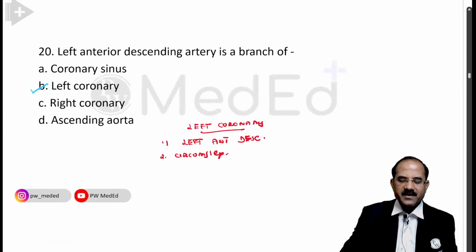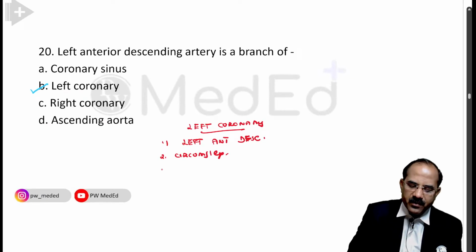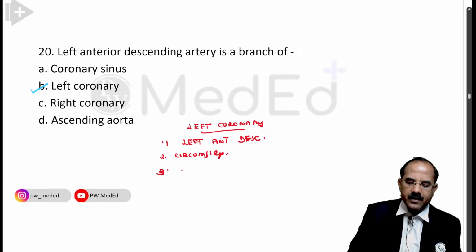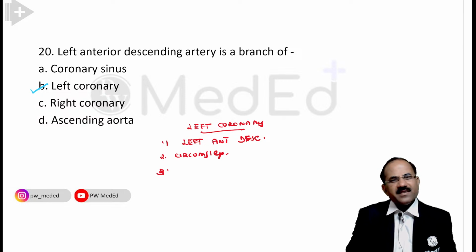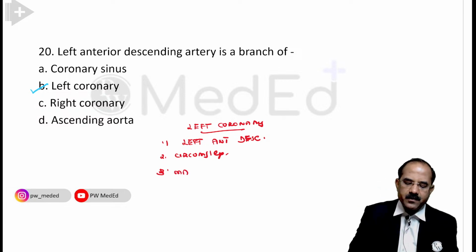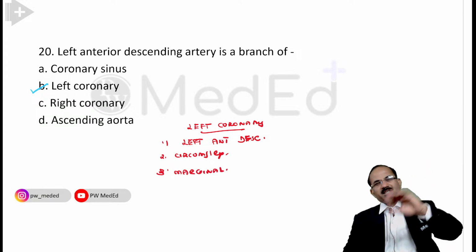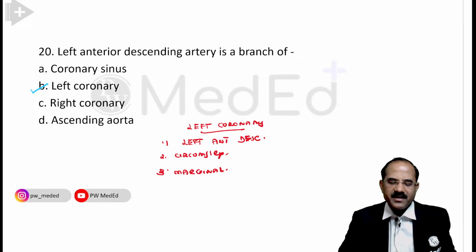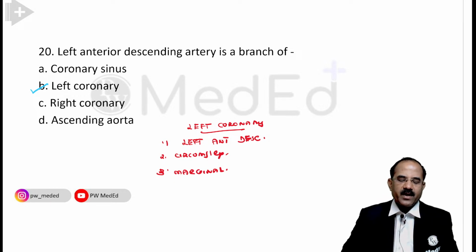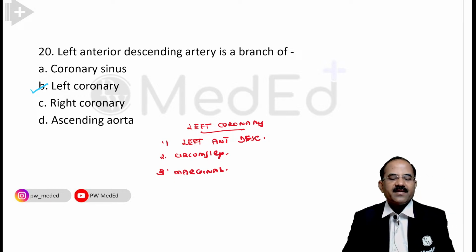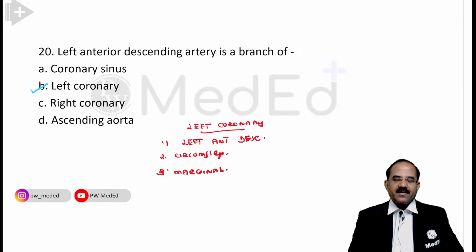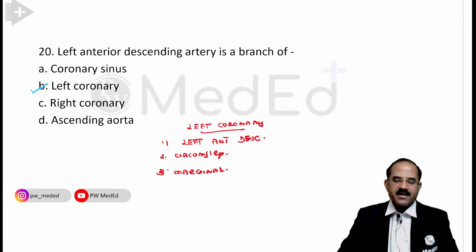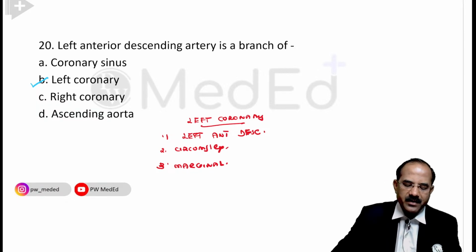Then the rest are the marginal branches. If there are branches to the SA node, AV node, that is all fine. Diagonal branches, yes. So left anterior descending is a branch of the left coronary artery.